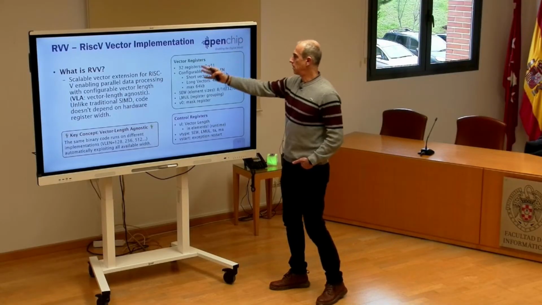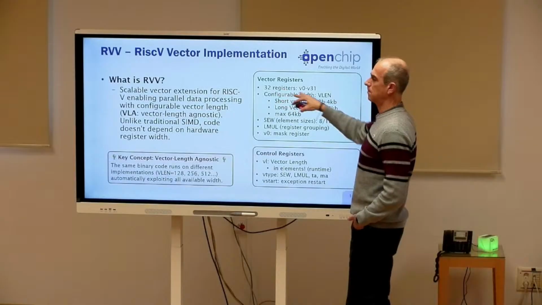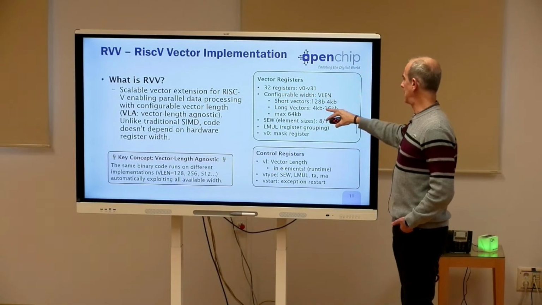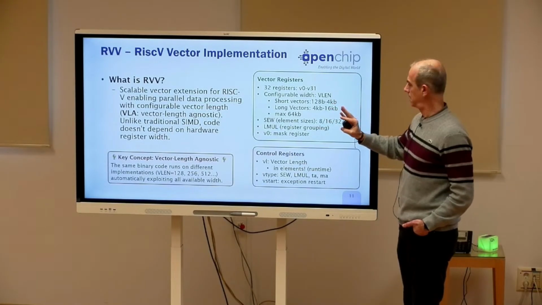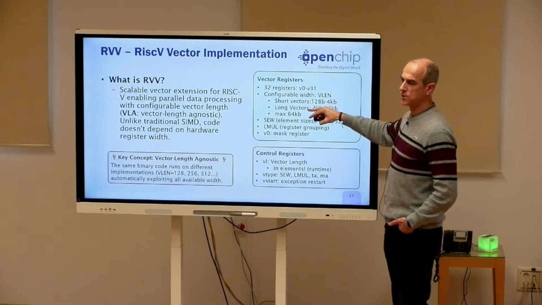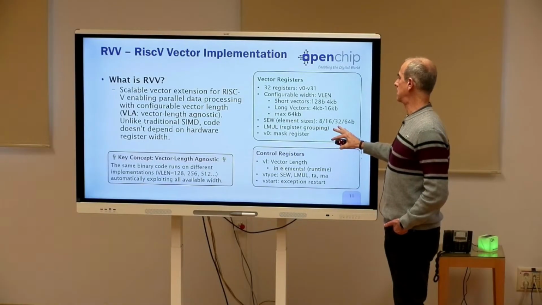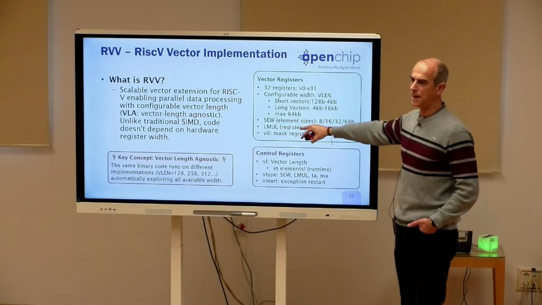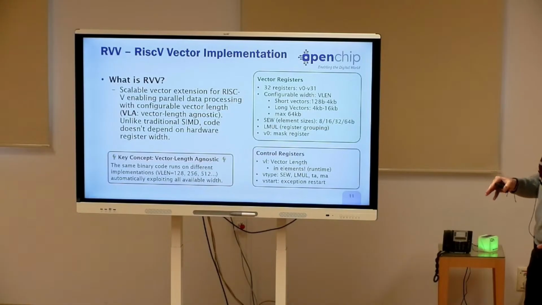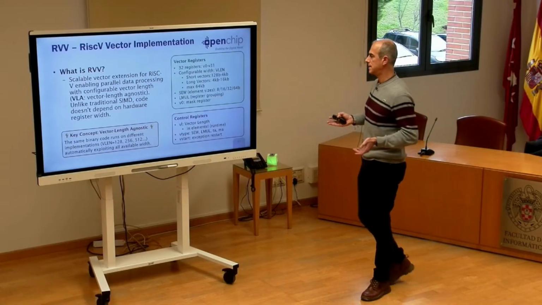The main structure of RISC-V vector register architecture is this one. It is composed by 32 registers. You can choose the VLEN, which is the length in bit of the registers. You can have short, long vectors, and so on. And you have a few parameters you can choose. One of these is the SEW, which is the selected element width. So you decide inside the vector register the size of the data you are dealing with the next operations.